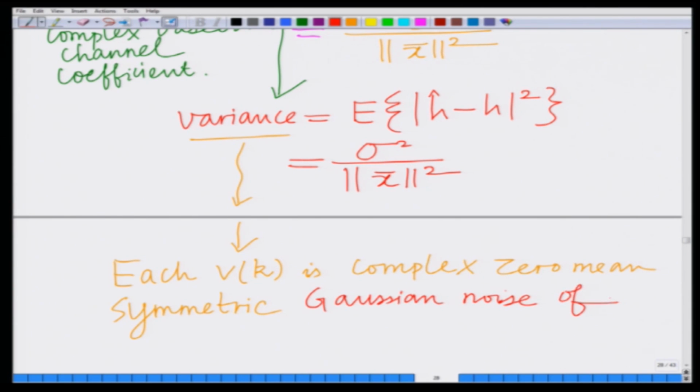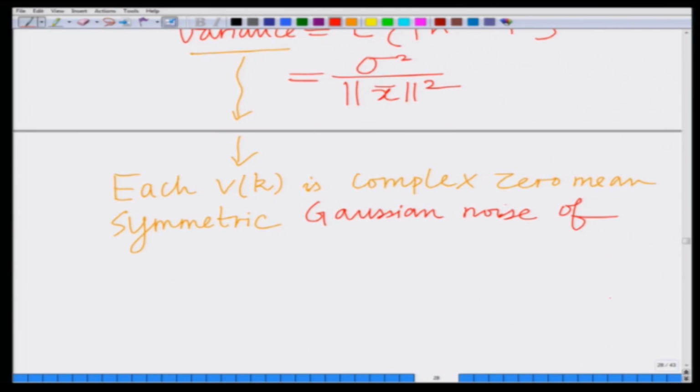In fact, let us also emphasize that the various Vk are IID, independent, complex zero mean symmetric Gaussian noise of variance sigma square.